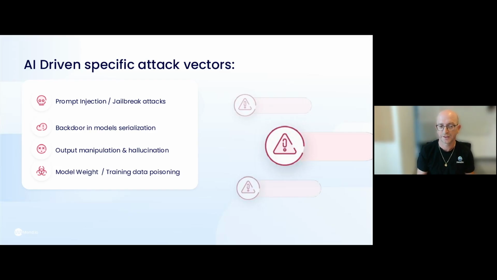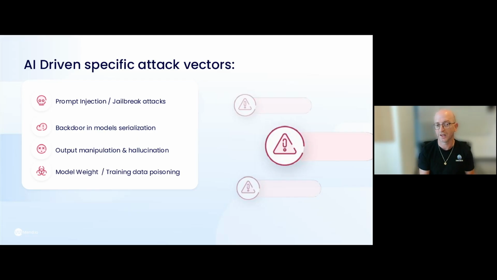The first one, which is more for conversational AI, is prompt injection and jailbreak attacks. Generally speaking, a conversational AI application is designed to do specific activities. For example, it could be a conversational AI that is supposed to provide support to your customers.